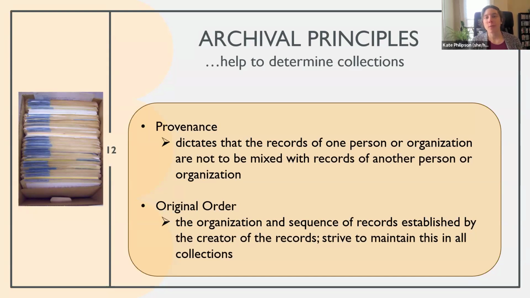You want to avoid creating them if you don't need to, but it's really just saying when the provenance or the original order has been lost, and so the archivist or the collections committee or the volunteers, right, someone is determining a collection based on the subject, the material type, or another variety of factors that is not set in provenance.